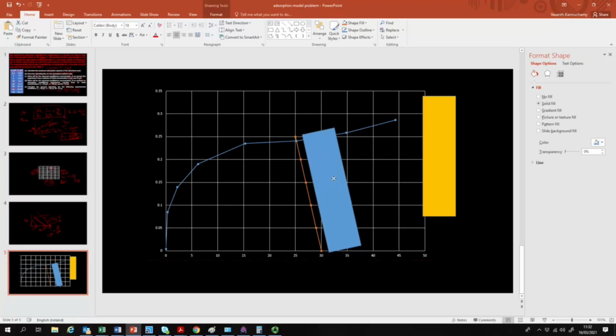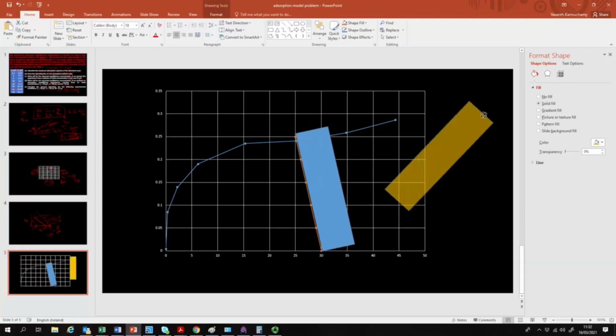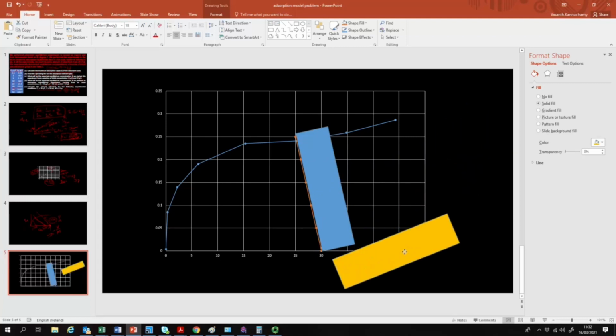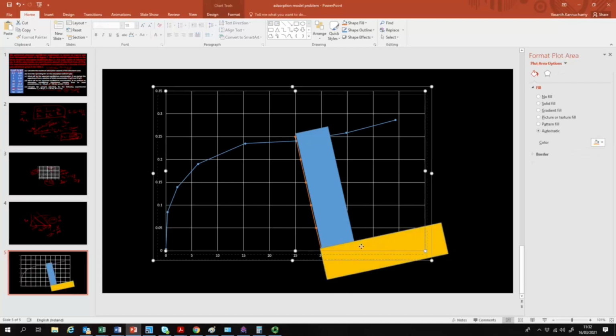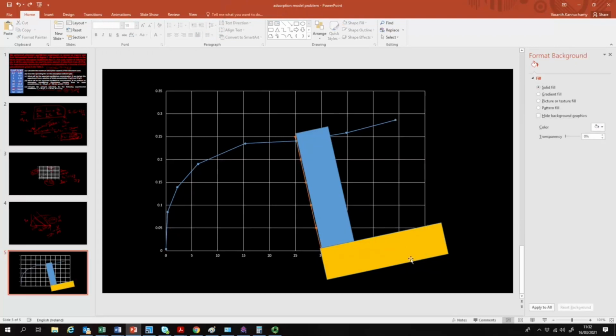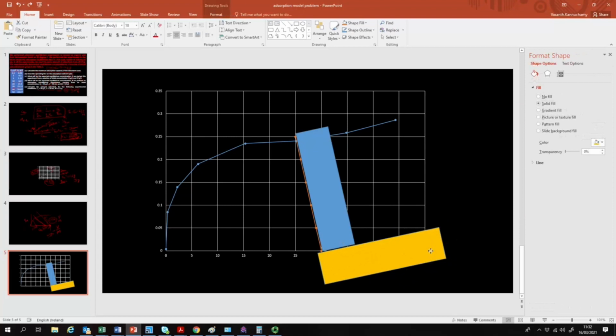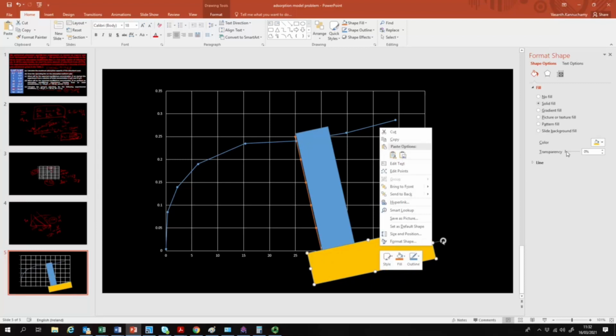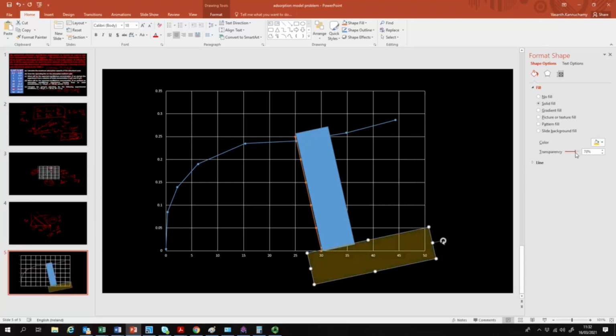All you need is to take a scale, and then put one more scale at the bottom somewhere like here, and then all you need is to move the line.